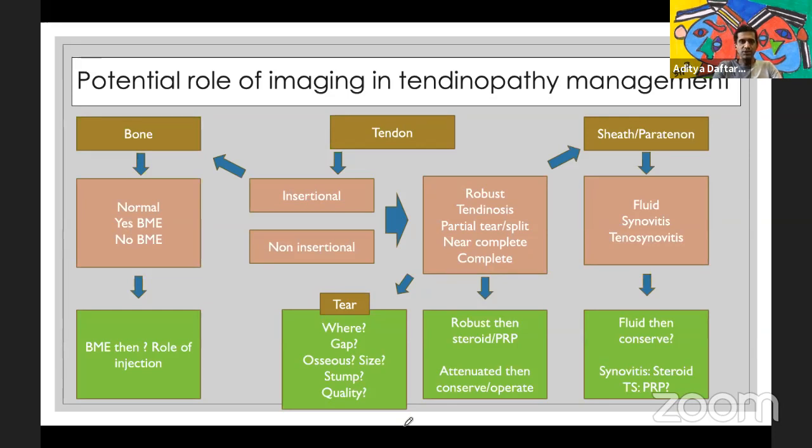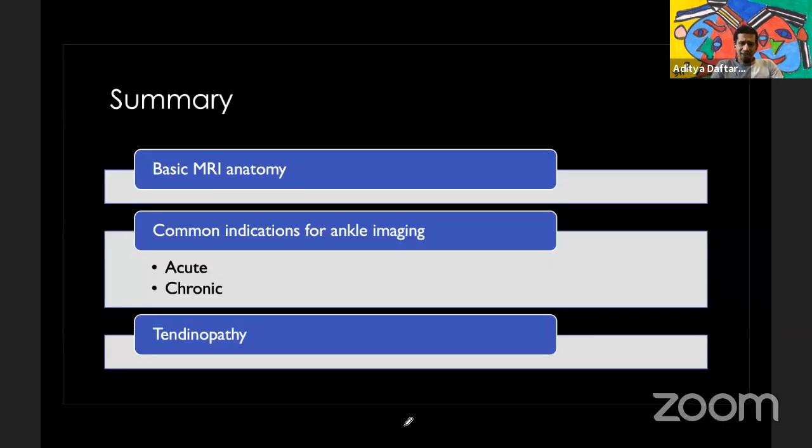So in summary, what I've tried to do in the last about 45 minutes or so that we've been talking is talk about the basic MRI anatomy, the common structures that you'll encounter when we're looking at somebody with the ankle. We've talked about the common indications of ankle, acute ankle injuries, where we're trying to determine whether something is a low or a high ankle sprain.